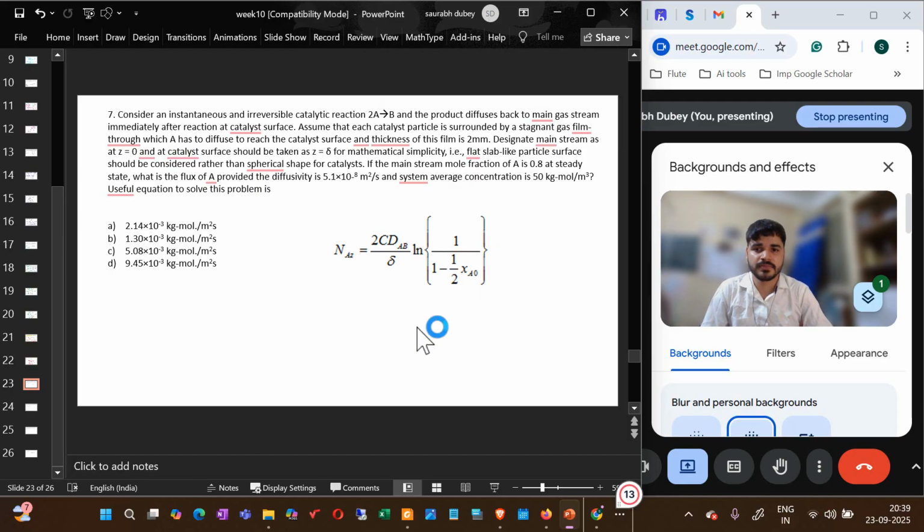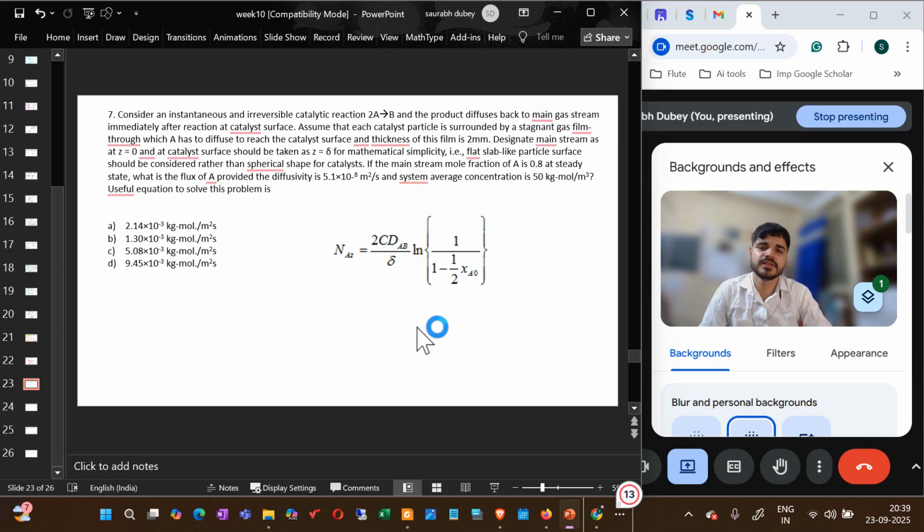Designate the main stream as z equals 0, and the catalyst surface should be taken as z equals delta for mathematical simplicity. A flat slab-like particle surface should be considered rather than spherical for catalysis.